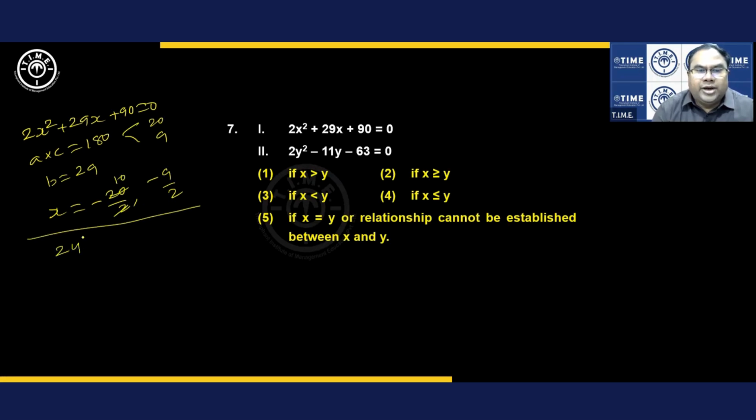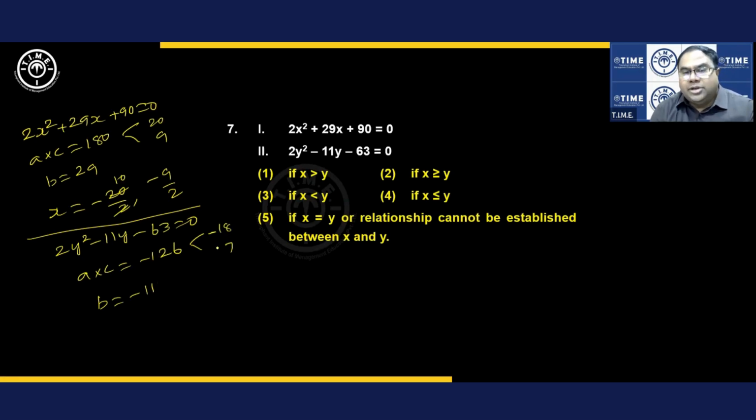Second equation, 2y square minus 11y minus 63 is equal to 0. So what is a into c? Minus 126. A into c is negative, so write b as difference of two numbers. Here this is 18 and 7. 18 and 7 difference is 11, and 18 into 7 is 126. I want minus 126 and minus 11. So minus 18 into 7 is minus 126, sign you can adjust later. Minus 18 plus 7, the difference is minus 11, right?